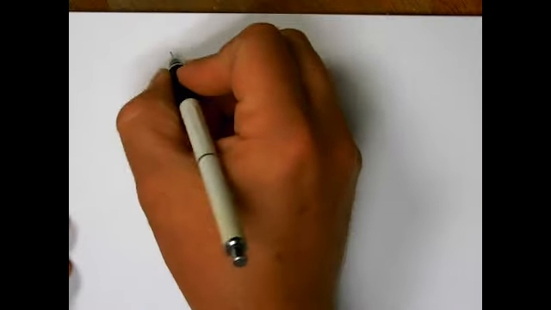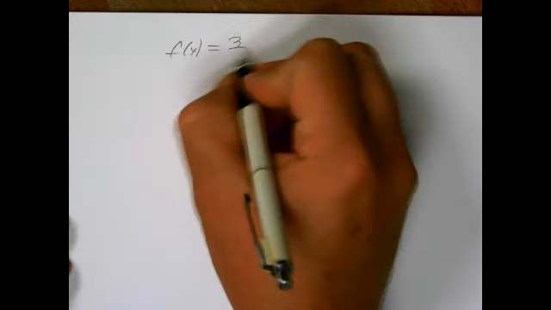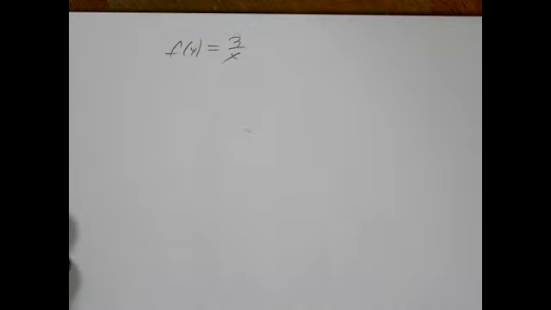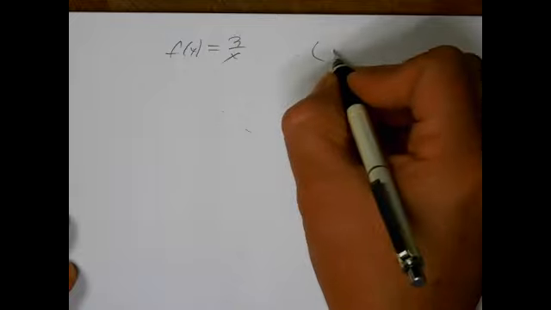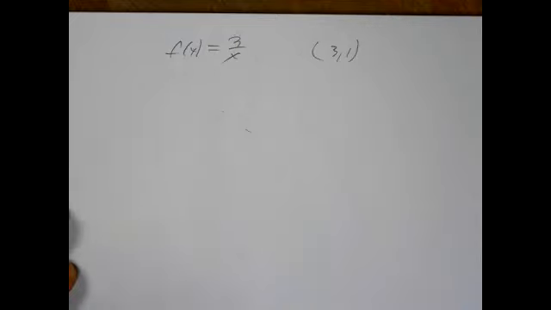All right, for example, if you had the function f of x equaling 3 over x, and you want to know what is the slope of that function at the point 3, 1, then here's what we will be finding.